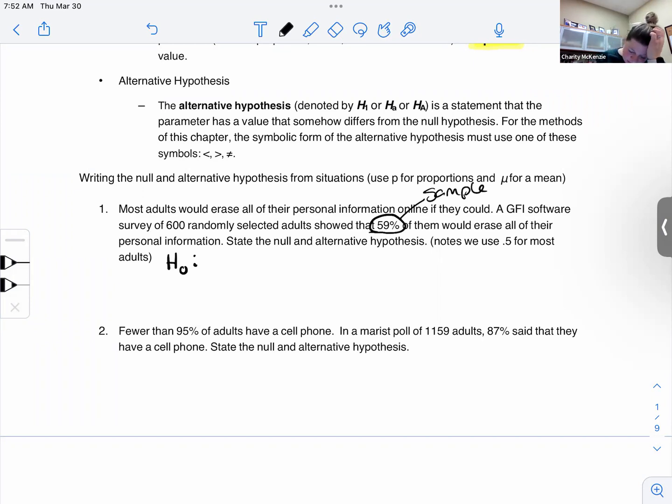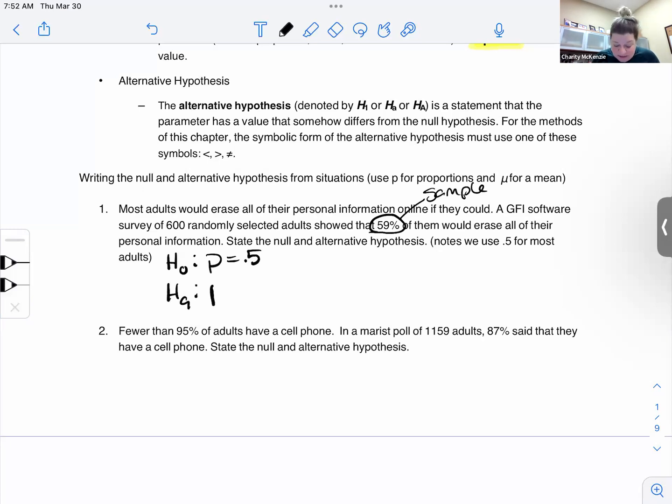So most adults would erase all their information. So I'm going to show P equals 0.5 for most adults. Okay. If you're bigger than half, it's going to be most. So HA, dots, right?